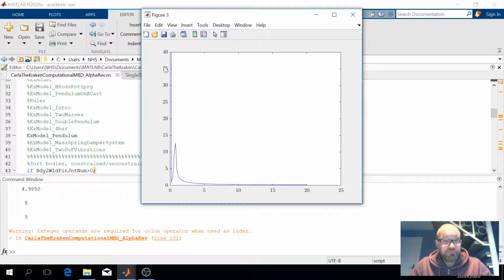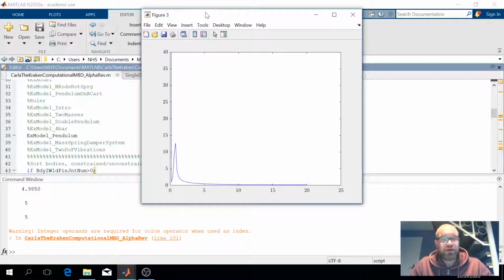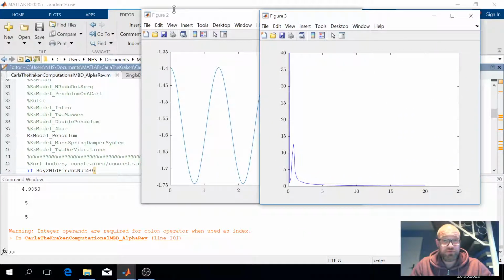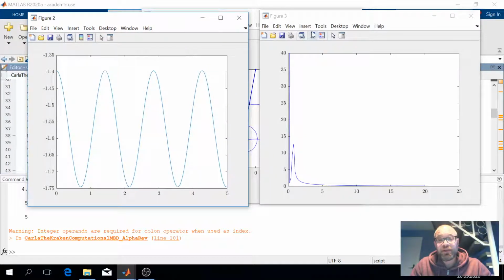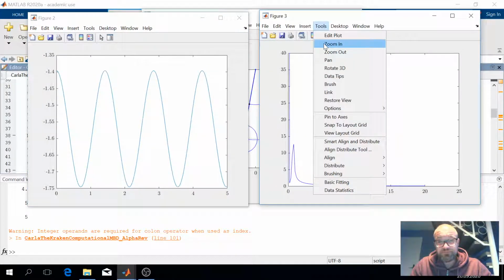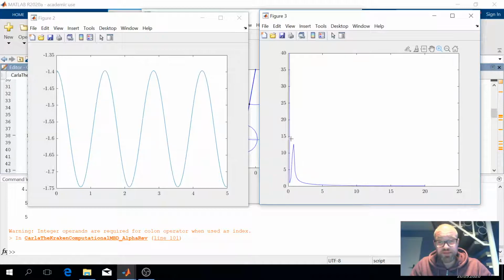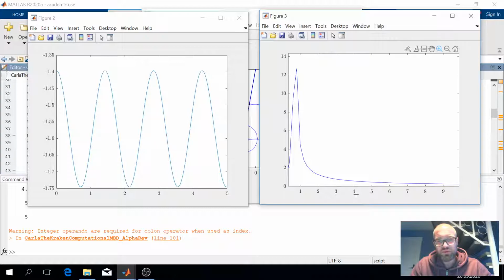Here we have the frequency content of our vibration response, which is what we get if we do an FFT. If I just zoom in, for some reason on this laptop, the zoom function has been hidden pretty well, right? I see a peak here, which is the natural frequency of the system.